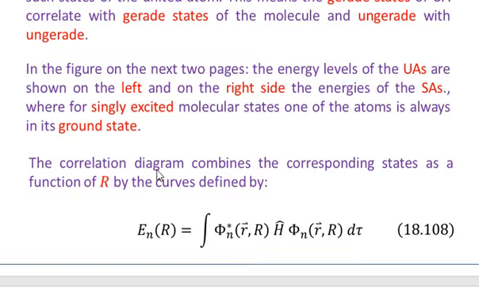So you see that when the correlation diagram combines the corresponding states as a function of R, the curves which combine them are defined by this integral.